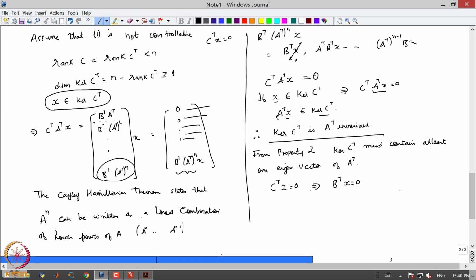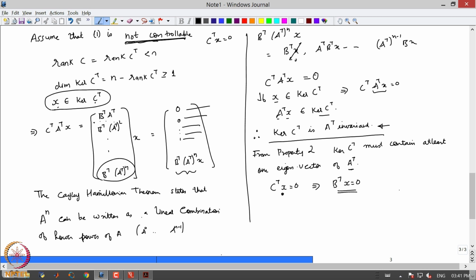So, what does this mean? Where did we start? We started with the assumption that the system is not controllable, and then we ended up proving that this vector x, which was in the kernel of C transpose, via the property of the kernel of C transpose being A transpose invariant, contains an eigenvector of A transpose.